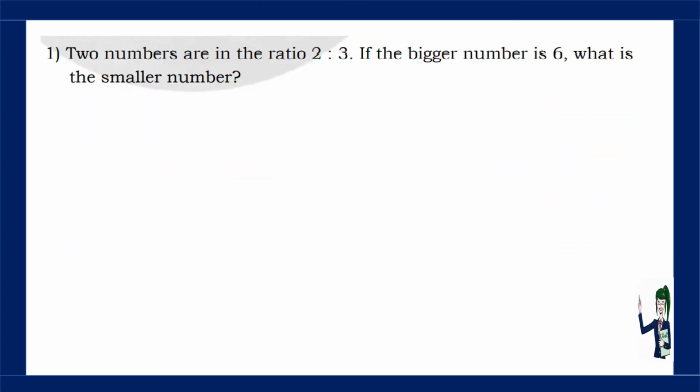Two numbers are in the ratio 2 to 3. If the bigger number is 6, what is the smaller number? So the proportion is smaller number, bigger number equals smaller number, bigger number. So 2 to 3 equals n to 6.